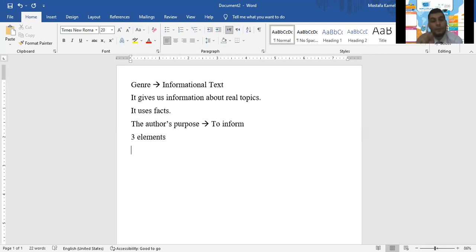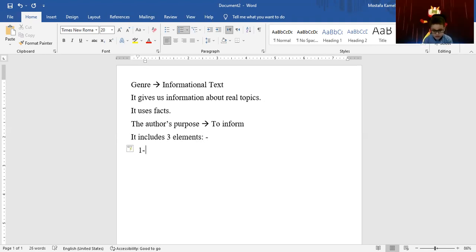Yusuf Yusri, what is the first element? What are the 3 elements? First one is text structure. Text what?